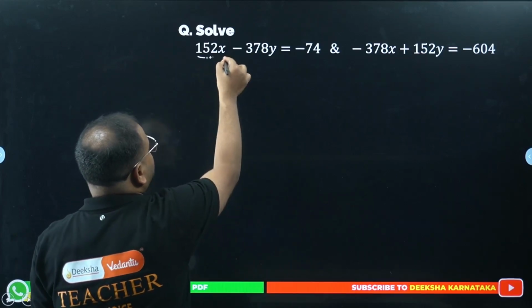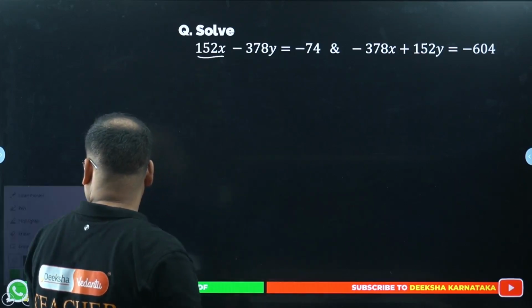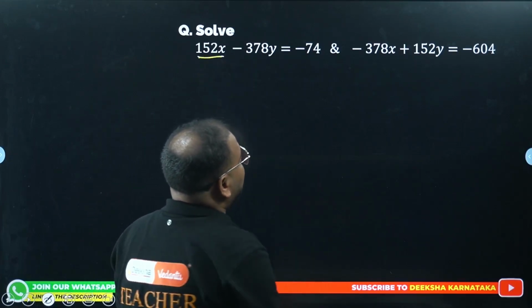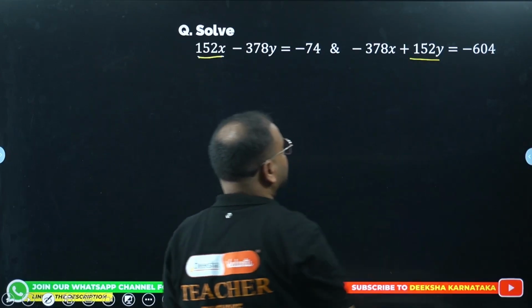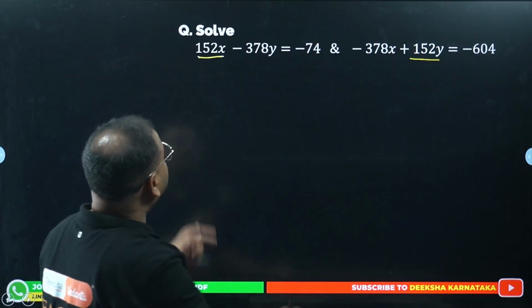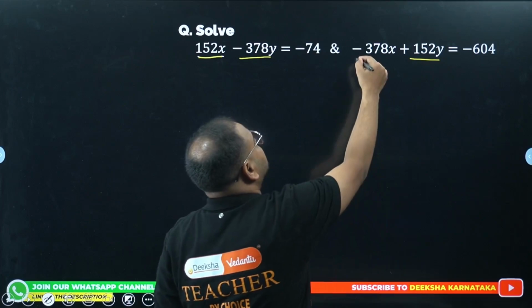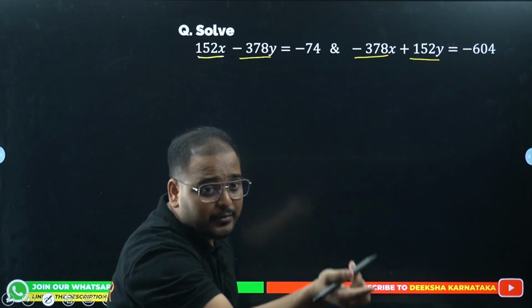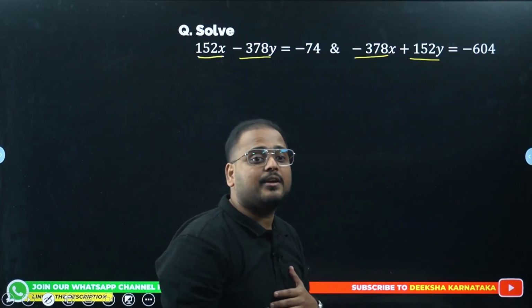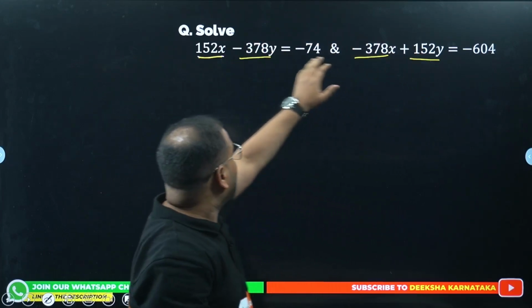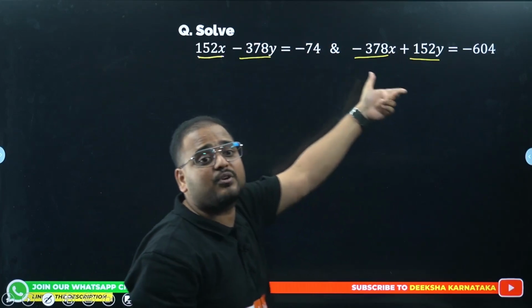See, the x coefficient is 152 and the y coefficient in the second equation is 152. The x coefficient in the first equation is minus 378 and the y coefficient is in the second equation, the x coefficient in the second equation is minus 378. So whatever the coefficient of x is here becomes the y coefficient, and whatever the coefficient of y is here becomes the x coefficient.